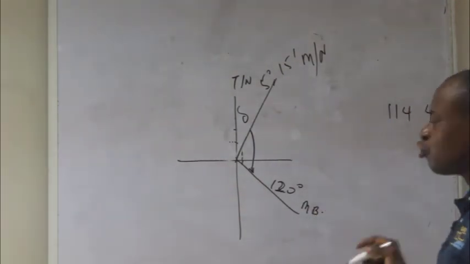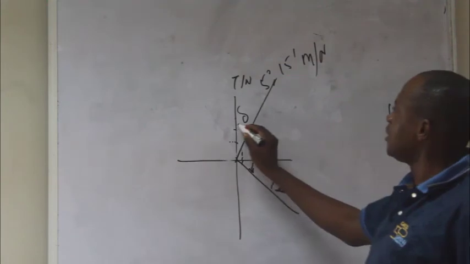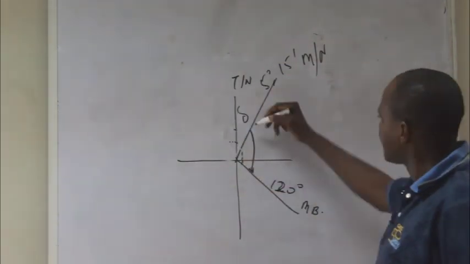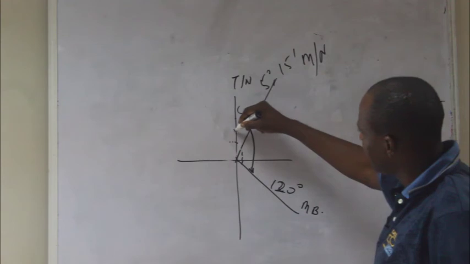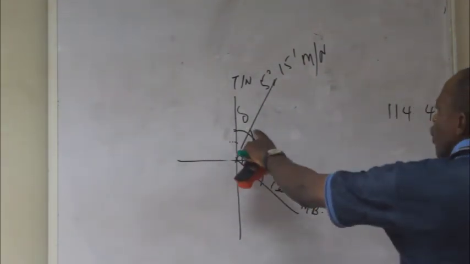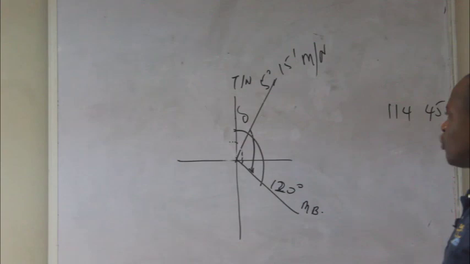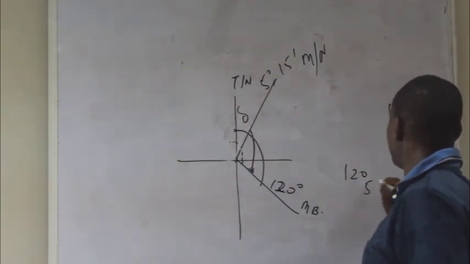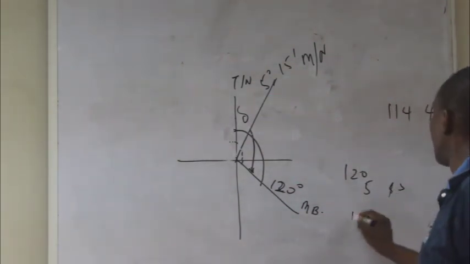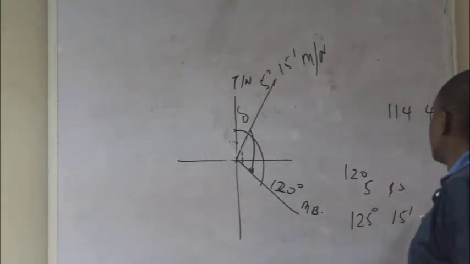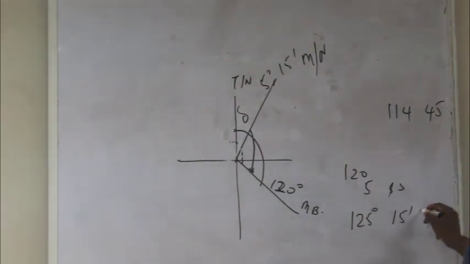What is going to be the true bearing? The true bearing will be from this true north. It means that the true bearing will take it first from here to this one. So we are going to add this to that to make 120 plus 5 degrees 15 minutes. So 125 degrees 15 minutes. That is the true bearing.